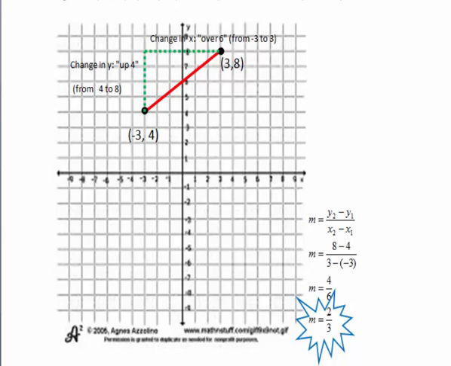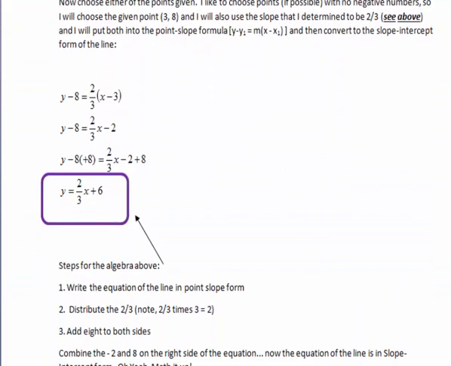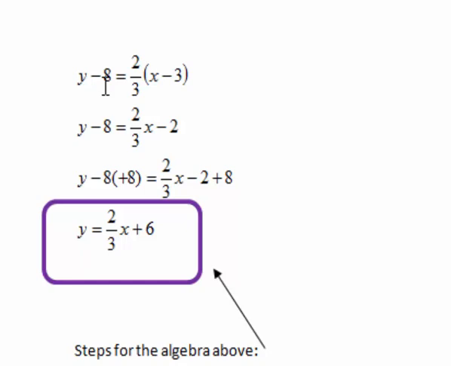Once we know the slope, we're going to take the slope and either of the 2 points. I chose the point 3, 8, because that way I don't have to deal with negative numbers. But if I had to, not really that big of a deal. So I'm going to put it into the formula y minus y1 equals m, or the slope, times x minus x1.